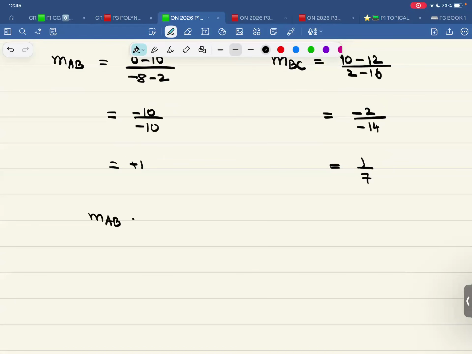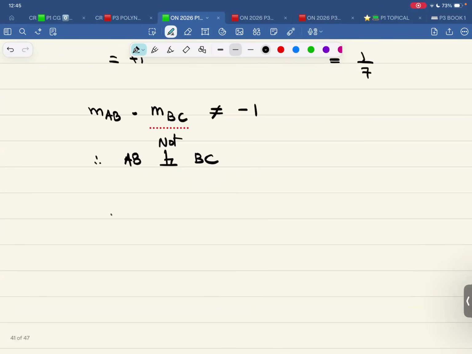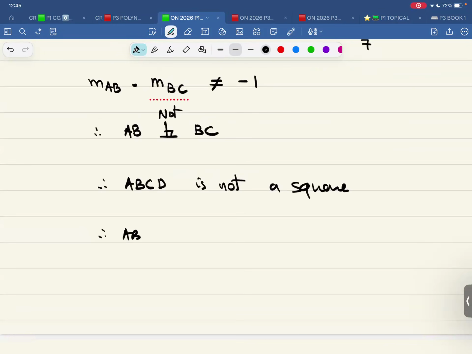Gradient of AB times gradient of BC does not equal negative 1. In other words, AB is not perpendicular to BC. Therefore, ABCD is not a square. ABCD is actually a rhombus.